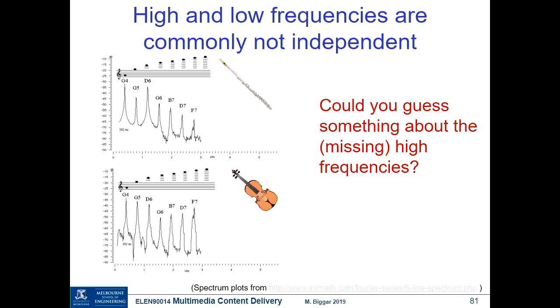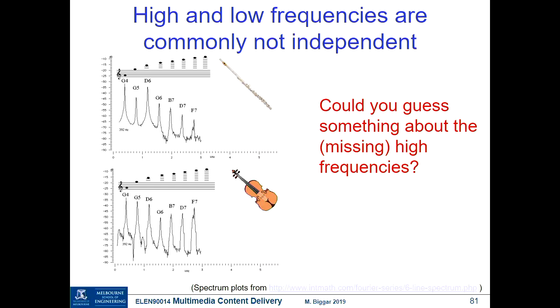And I think you probably could, right? We might not know exactly where these peaks and troughs might be if we revealed the high frequencies, but look, we have these harmonics here, right? And we would expect them to be continued there. Similarly for the flute, right? We would expect these harmonics here. So given this low part of the spectrum, we could guess something about the high part of the spectrum, right? At least at a high level, just looking at that.